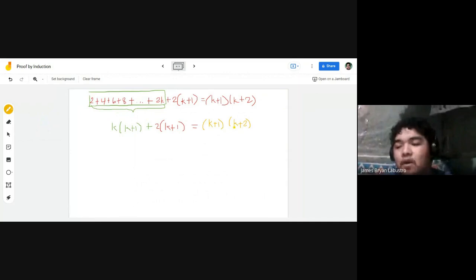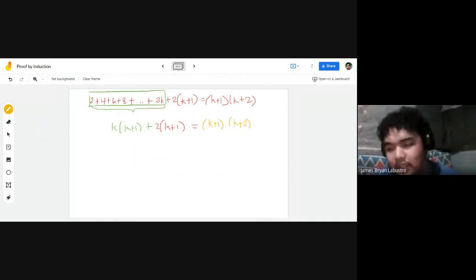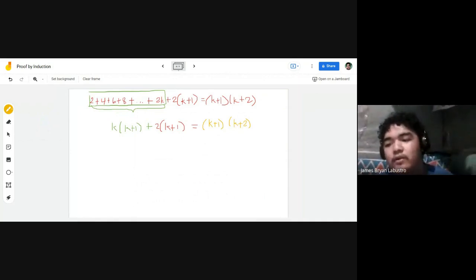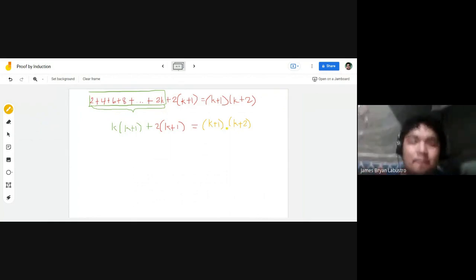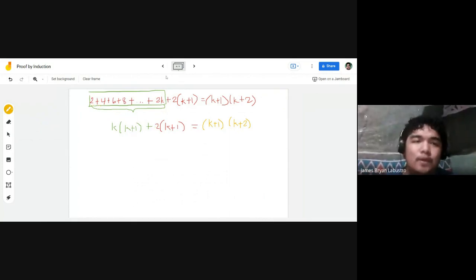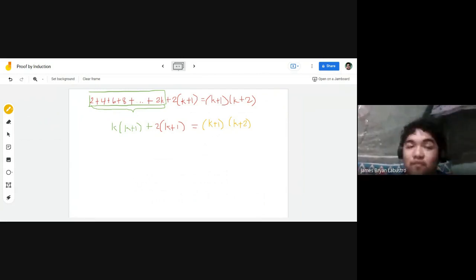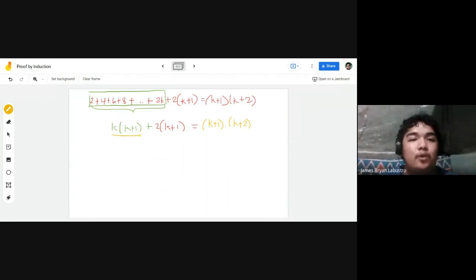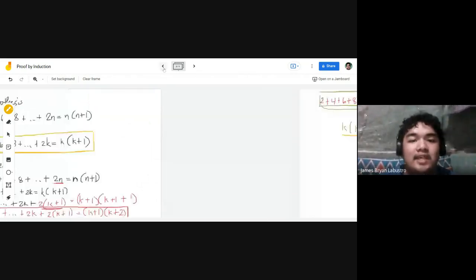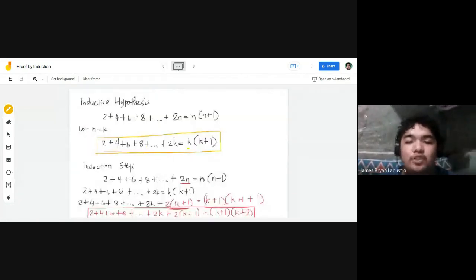Now, why do we replace this statement with k times k plus 1? In proving by induction, we must replace it because we can't prove the statement if we cannot replace this one with a simpler one. They are equal anyway, since we assume this statement is equal to this statement.